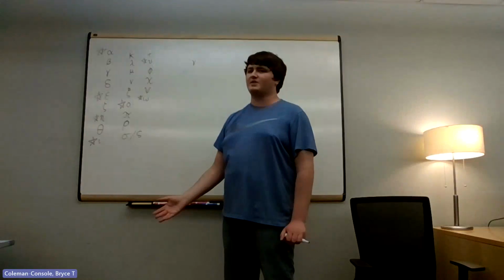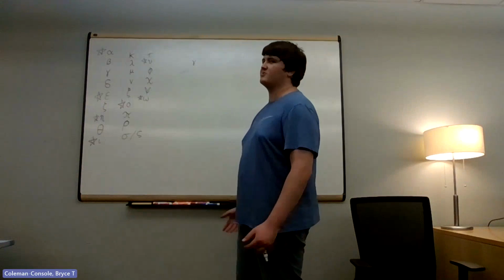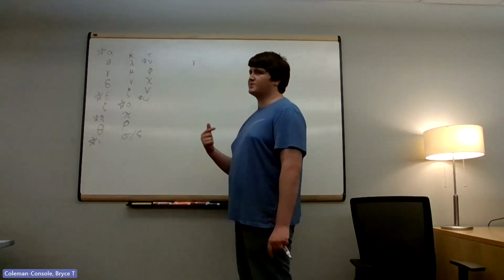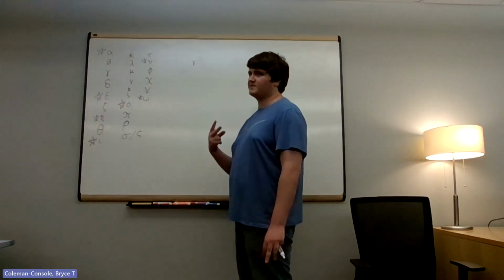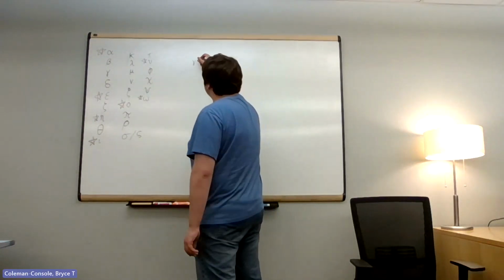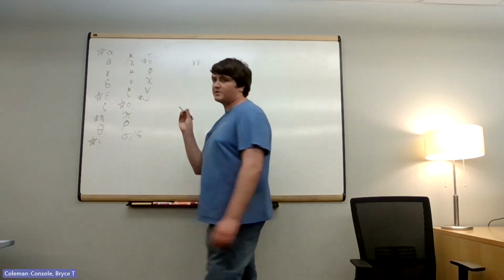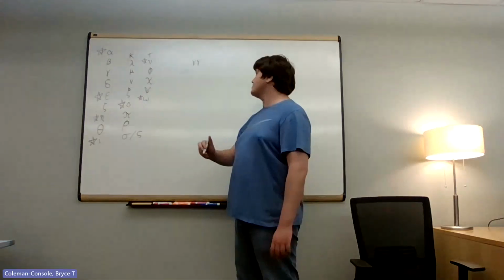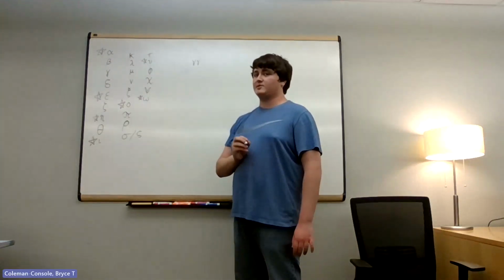This doesn't show up too often. You'll kind of be able to recognize it, and the only ones that come to mind for me are two gammas. So when you have two gammas in a word, the first one will make an N sound instead of a G.